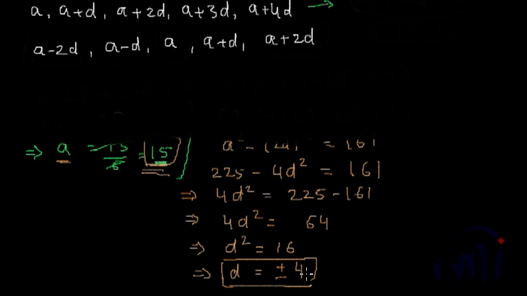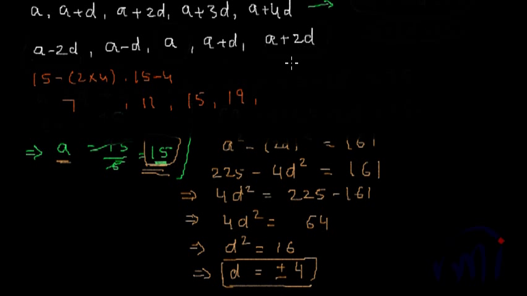So if I put the value of a as 15, and in the first case we take the value of d as positive 4, then we'll get first term as 15 minus 2 multiplied by 4, which will be equal to 15 minus 8, that is 7. And the second term we will get 15 minus 4, which will be 11. And the third term will be 15 itself. And the fourth term will be 15 plus 4, that is 19.